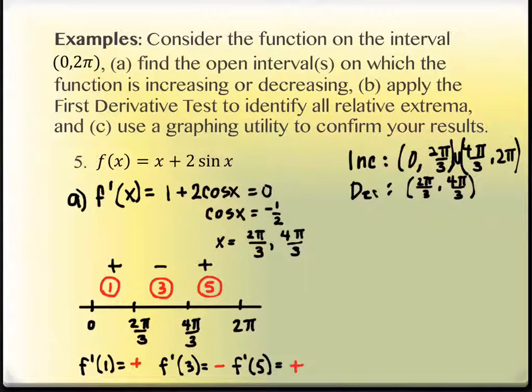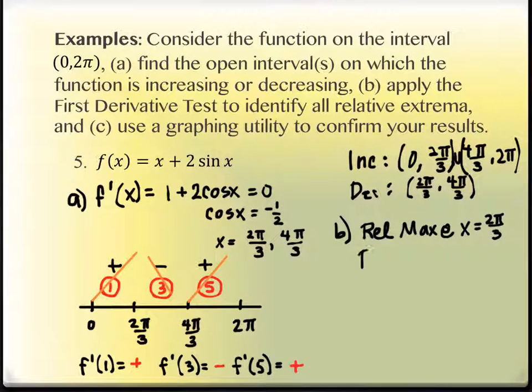Part B is to confirm where we have a relative max or min. So back on my graph, increasing means going uphill, decreasing is down. What happens at 2 pi over 3? It's a max. There's a relative max at x equals 2 pi over 3.